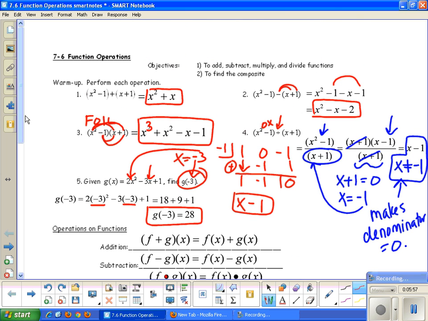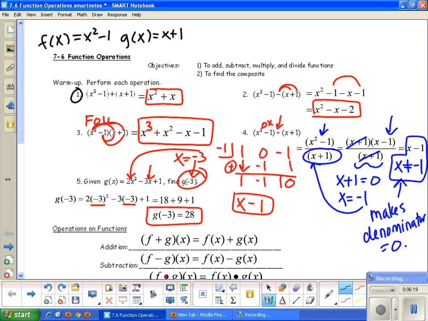Now, what does that mean? Let's go up here to the warm-up that we did. Instead of writing these equations all out, let's say we let f of x equal x squared minus 1, and g of x be equal to x plus 1.